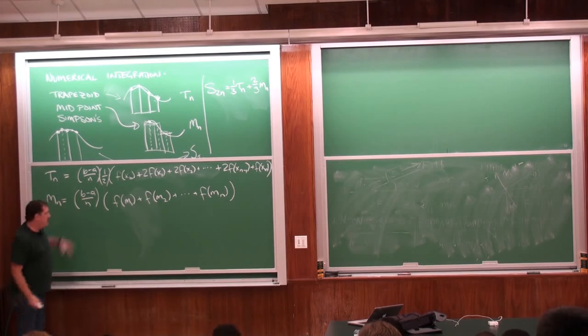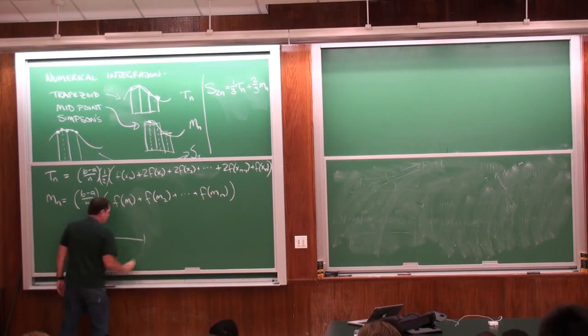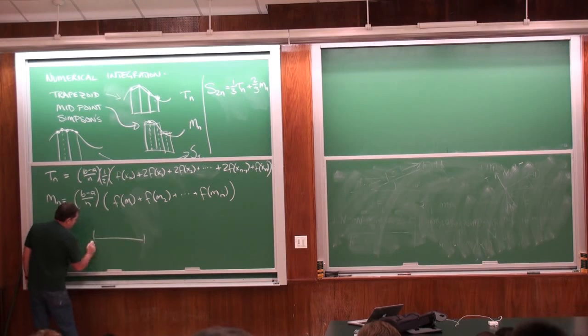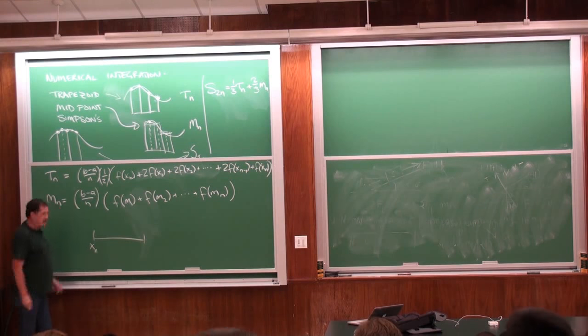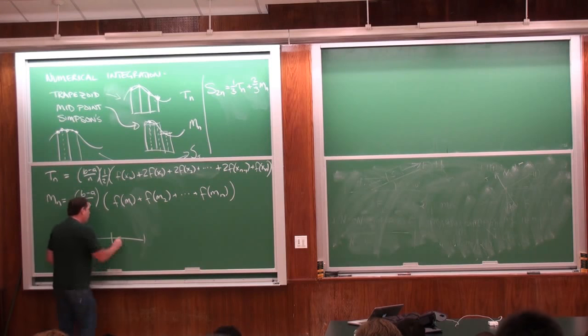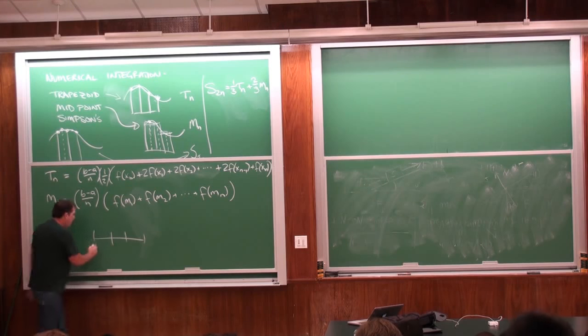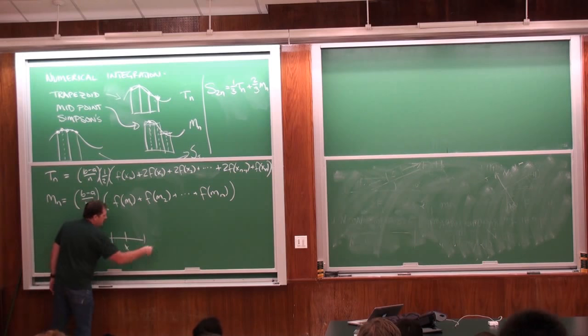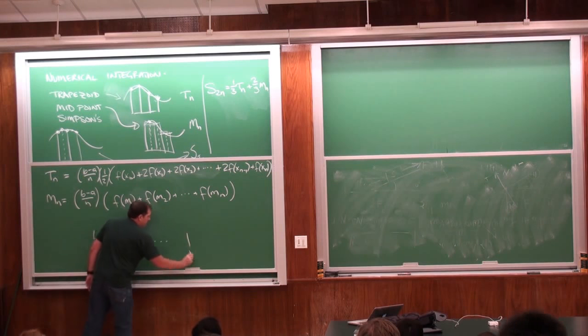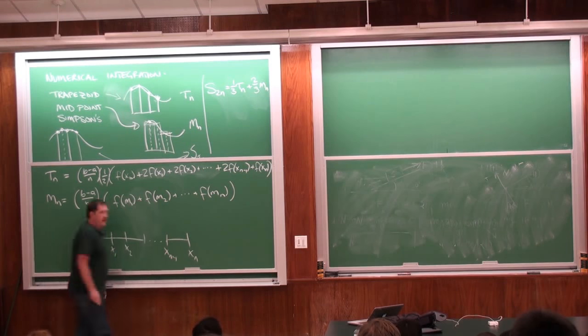So in this picture, I'm not going to have room for Simpson's. Here I have xn. I have my interval. I chop it up into a bunch of rectangles, and I call this side x0, x1, x2, until I'm done, xn, like that.